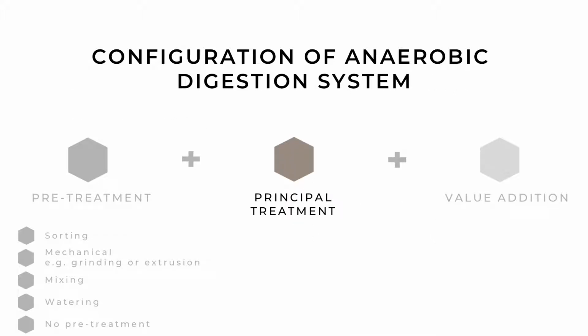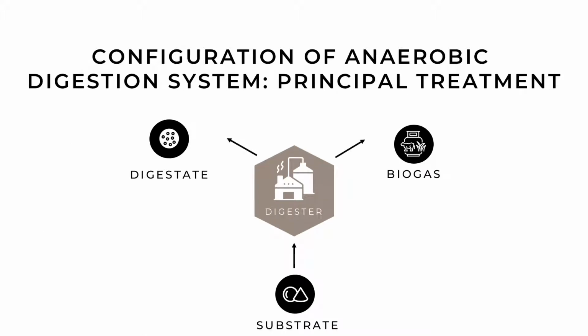The principal treatment is where the actual anaerobic degradation happens, and as a result, biogas and digestate are produced. Digestate is the mixture of solids and liquids of partially digested sludge discharged by the digester.